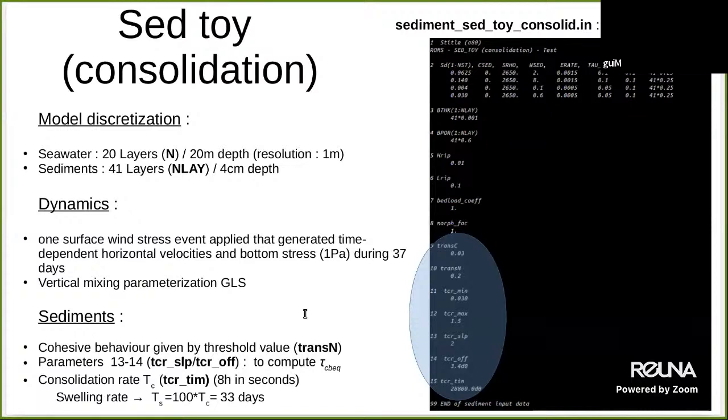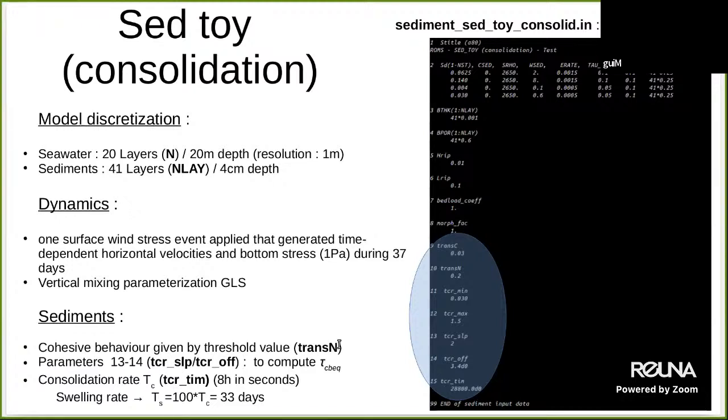Here on the right, you see the namelist for consolidation. The most important is below. I put here the parameter we give to USGS, to the cohesive bed module. So we activate this module and this cohesive behavior given a threshold value, which is a fraction depending on the fraction of mud you have on your bed.